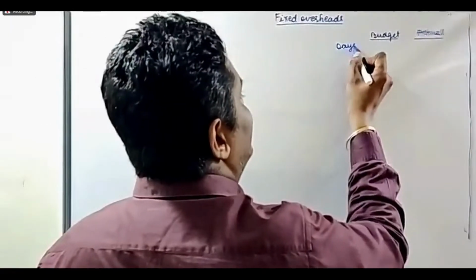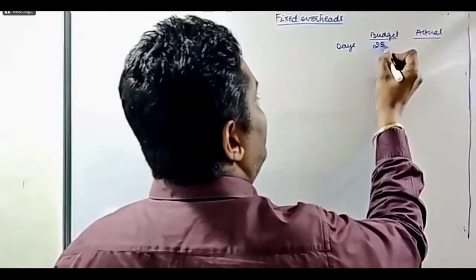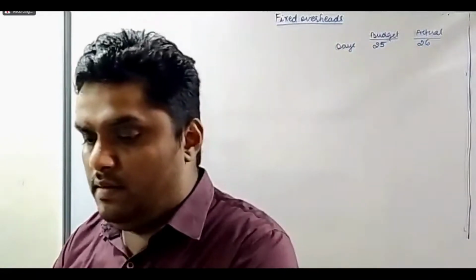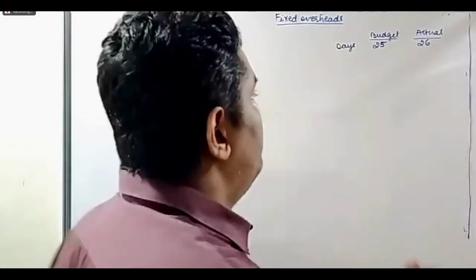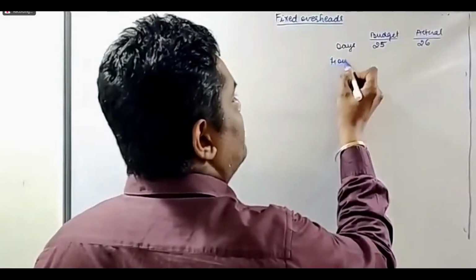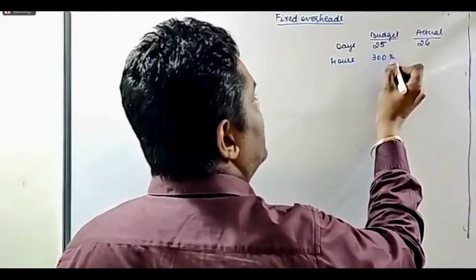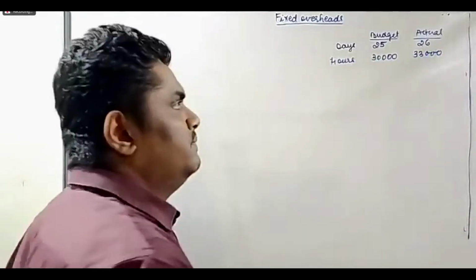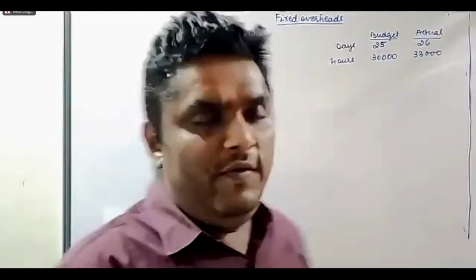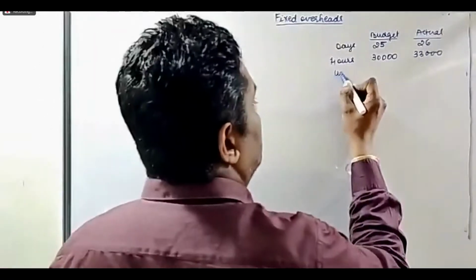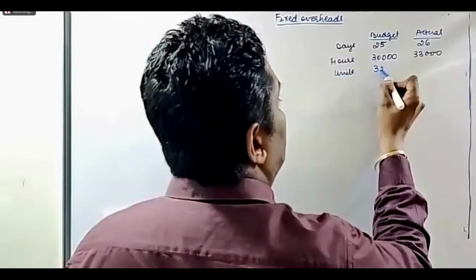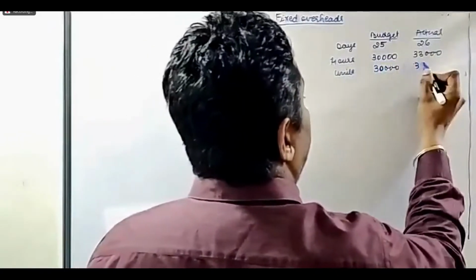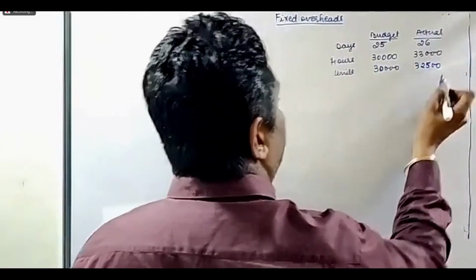So let's say the days are given: the budgeted days are 25 and actual days are 26. Further, the details of hours are also given. That is, the budgeted hours are 30,000 and actual hours are 33,000. Further, units are also given: 30,000 and 32,500.